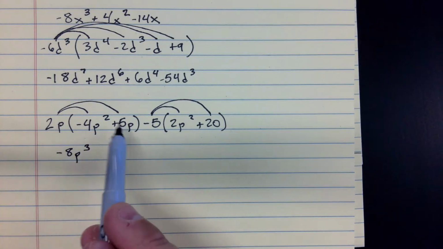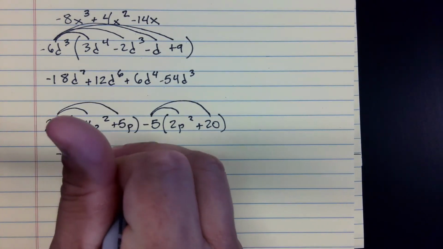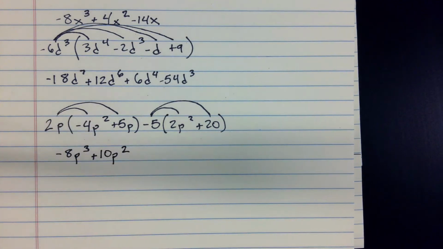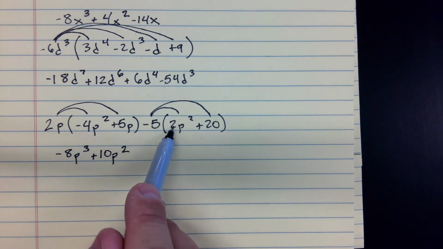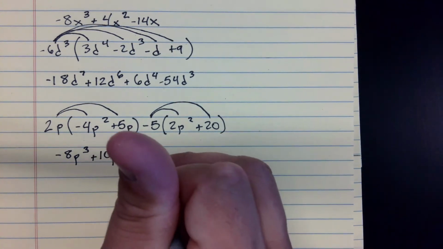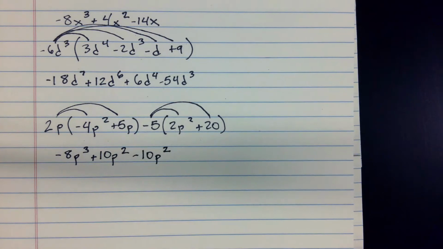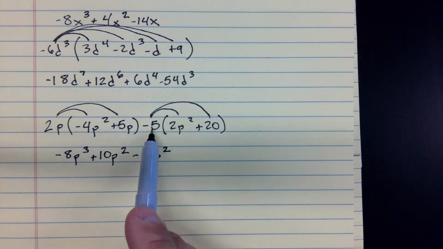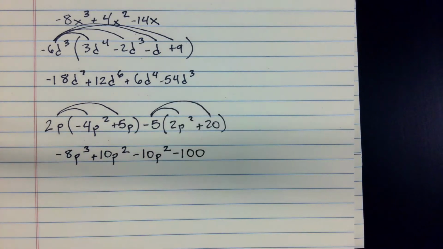Then we have 2p times 5p, which is 10p squared. And notice I'm getting rid of parentheses as I go, the first step. Then we go to the next one. Negative 5 times 2p squared is negative 10p squared. And negative 5 times positive 20 is negative 100.